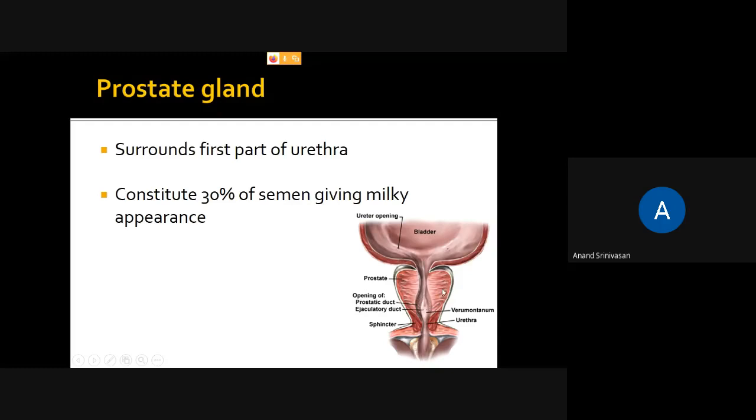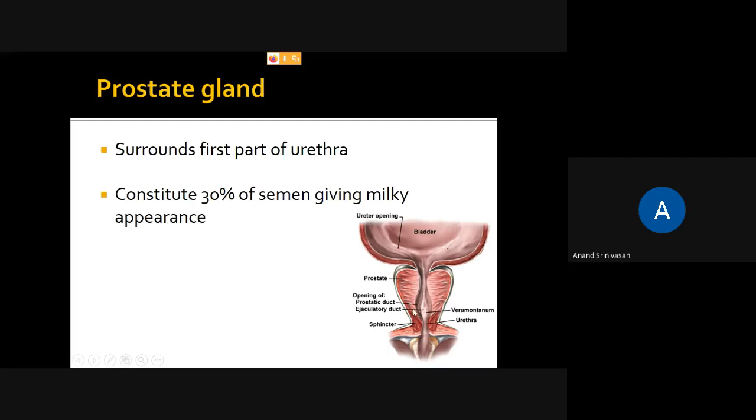Because once the sperm is deposited in the female genital tract, it will take 48 hours to 72 hours to reach the egg. So until that time, the sperm should have the energy. This energy comes from the secretions of the prostate gland as well as from the seminal vesicle.